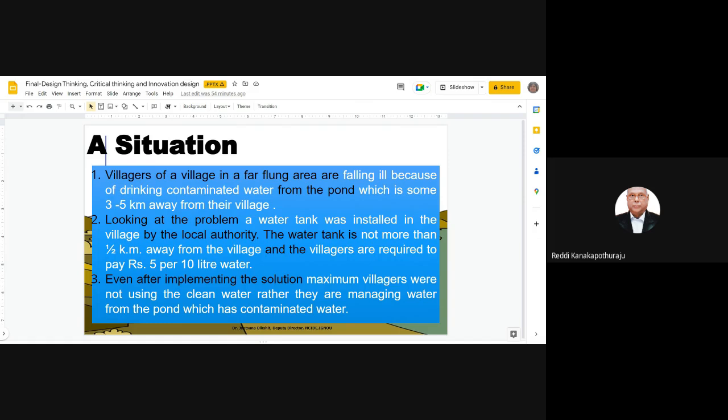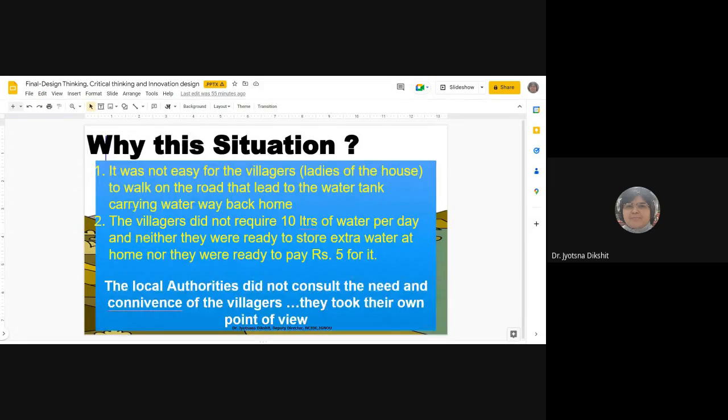But the administrators are neglecting the polluted water and selling the water as it is, and people are utilizing the water as it is, and they are facing many problems in villages. Yeah, difficult is the correct word. So let us see what the outcome was and why this situation arose.